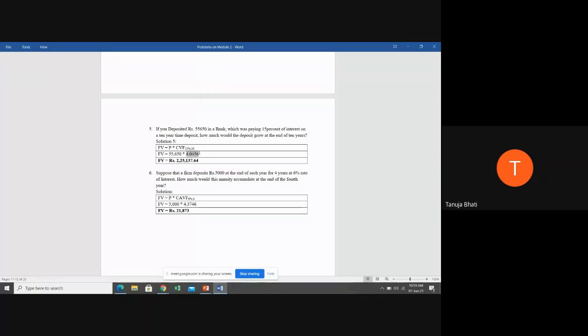The same answer will come if you use that formula, but this is just one more easy method to solve it. So did everyone understand problem number 5? Yes, ma'am. Okay. Next.